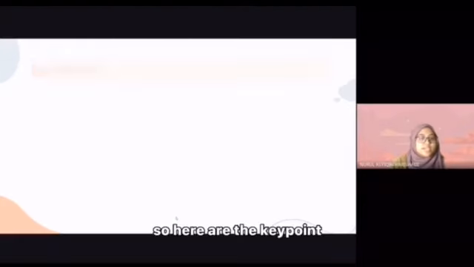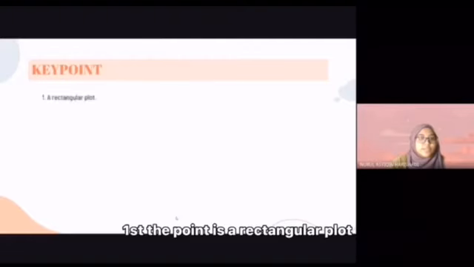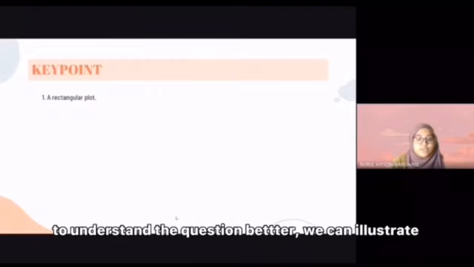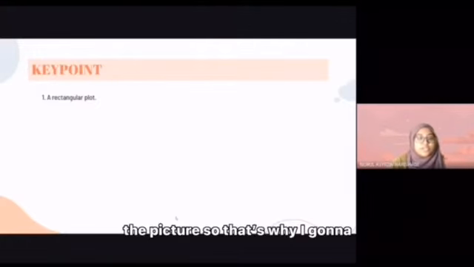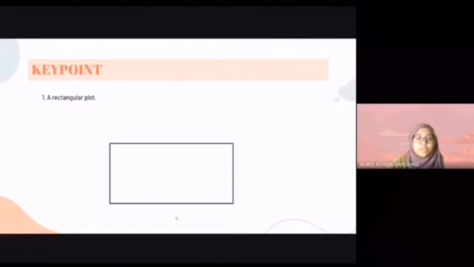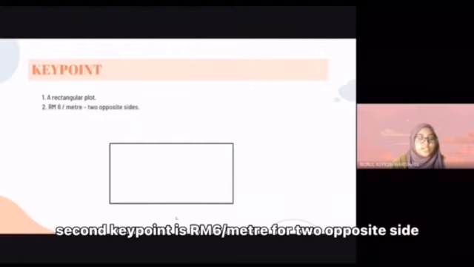So here are the key points. First key point is a rectangular plot. Like I said earlier, to understand the question better, we can illustrate the picture. So I'm going to illustrate a rectangular shape so that we can see it more easily. The second key point is 6 ringgit per meter for 2 opposite sides.